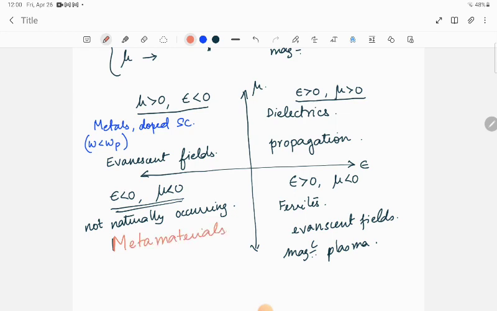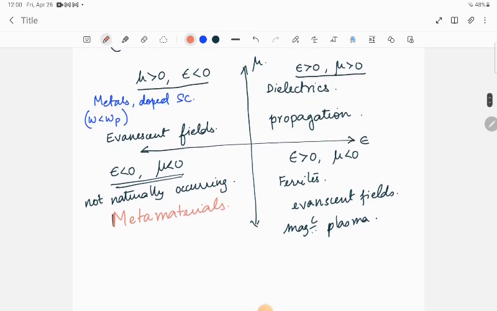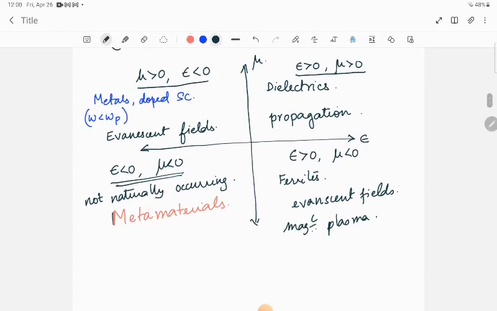So metamaterials are materials which have both epsilon and mu negative. And what does that imply? That will imply, as we will see later on, that the refractive index n will also be less than 0. This is called a negative refractive index material.